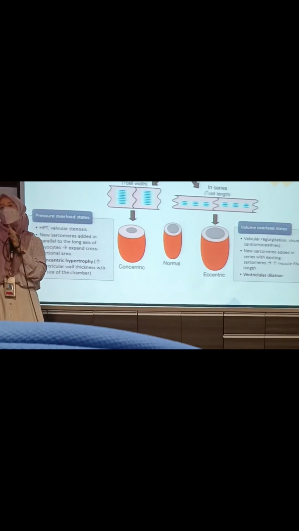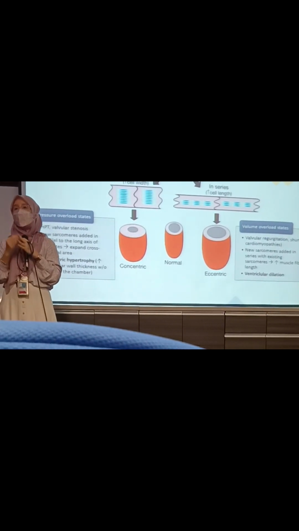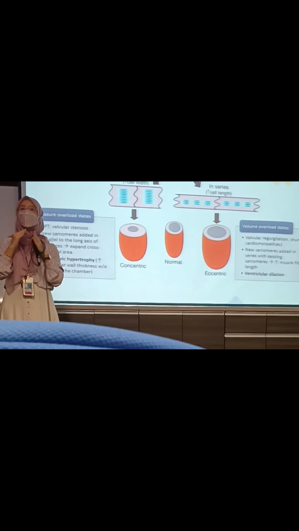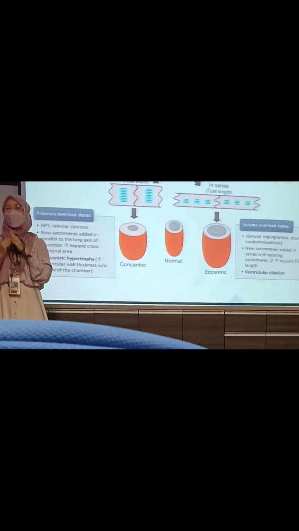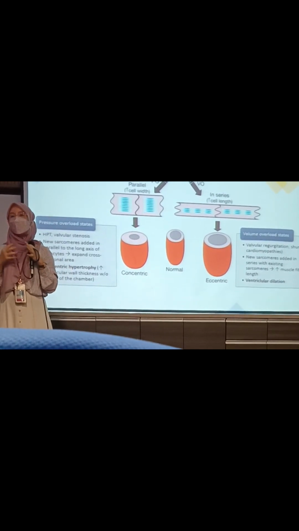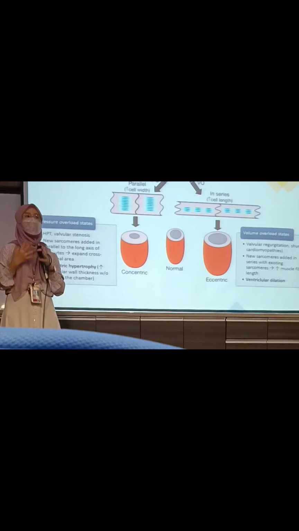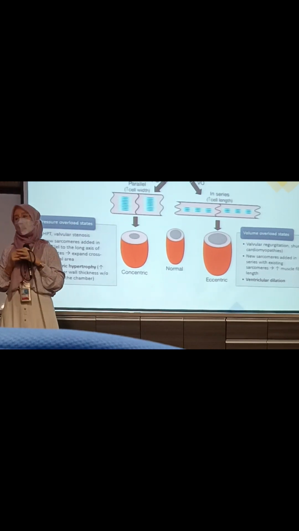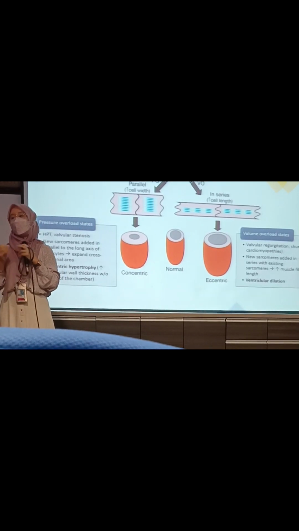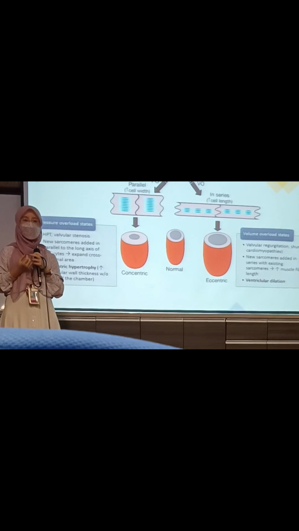Okay, so in pressure overload, contoh in hypertension, in valvular stenosis, the new sarcomeres is added in the parallel to the long axis of myocyte, so that you kan jadi besar gemuk lah, untuk tahan pressure yang tinggi, so that heart tu tak bocor. So in this we can get the concentric hypertrophy, whereby the ventricular wall thickness is increased without increase in the size of the chamber.